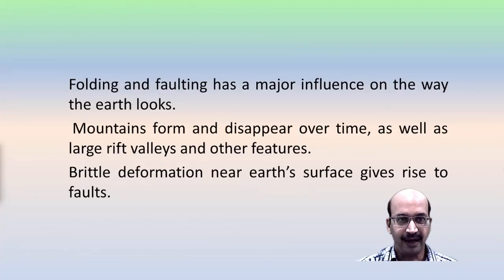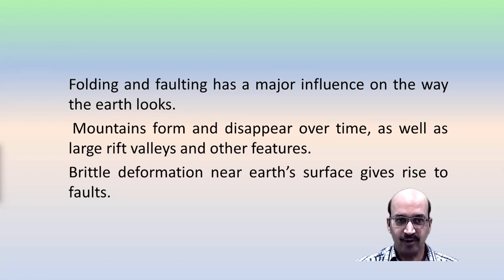Folding and faulting have a major influence on the way Earth looks, and mountains form and disappear over time, as well as large rift valleys and other features also form and disappear with passage of time.